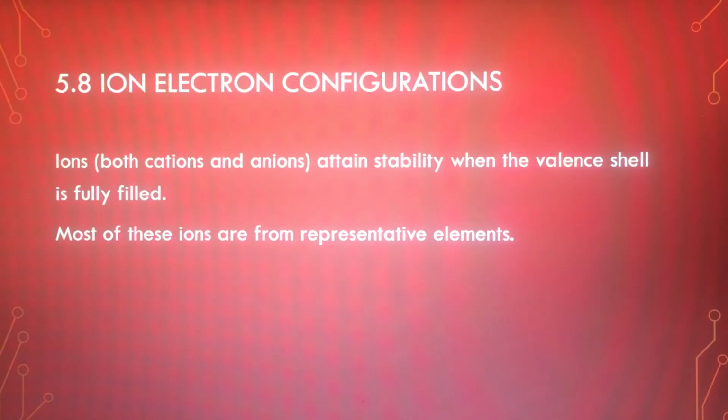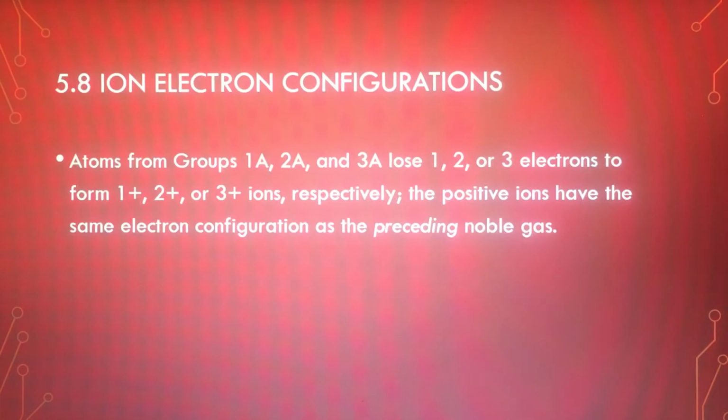Most of the ions are from representative elements, and we will only deal with group A elements, or representative elements, in this part. First, atoms from groups 1A, 2A, and 3A lose 1, 2, or 3 electrons to form positive 1, positive 2, or positive 3 ions respectively. These positive ions have the same electron configuration as the preceding noble gas.